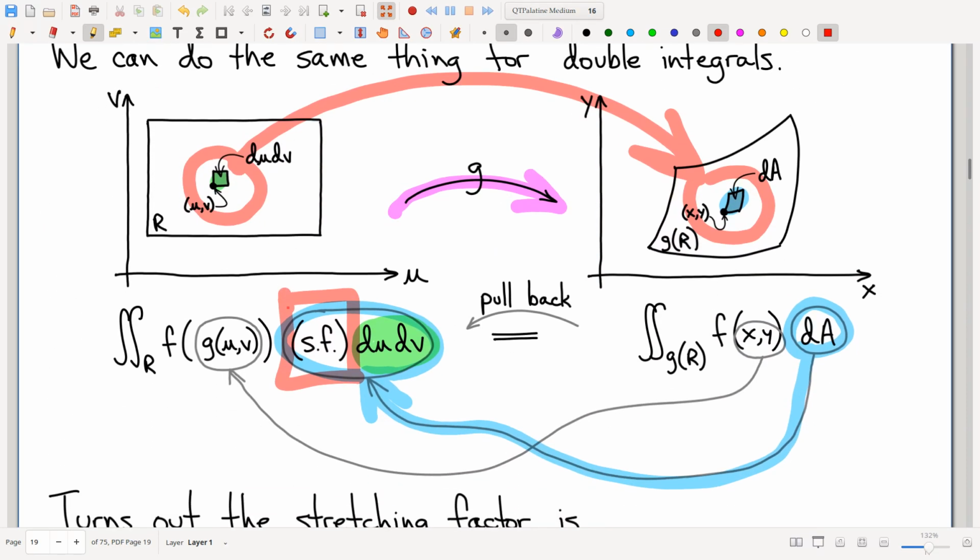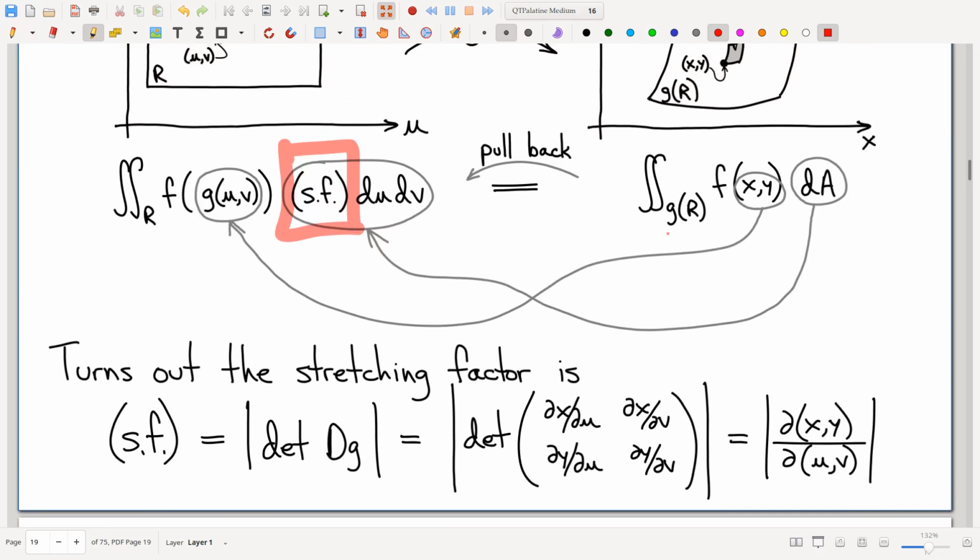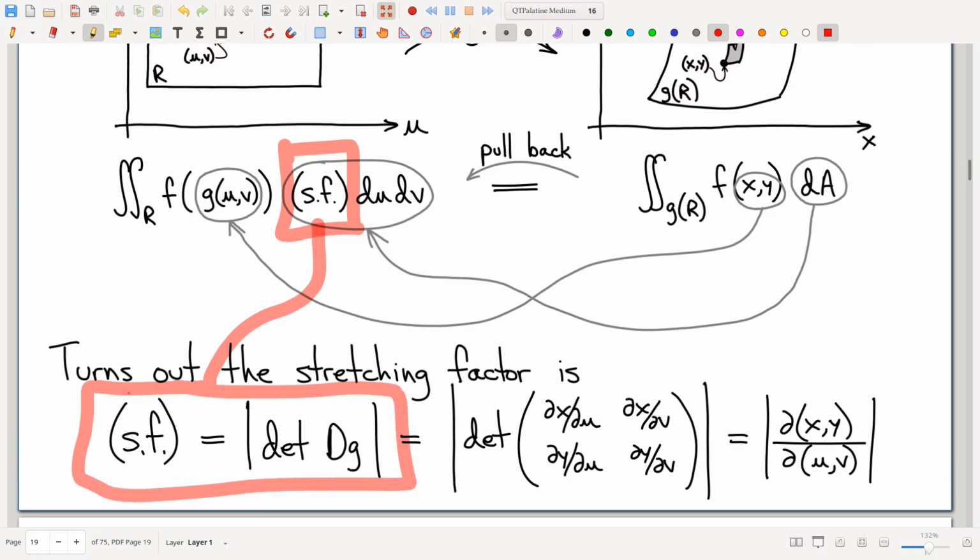Okay, now, we're going to do an example just a minute. That said, let's take a moment to think about what that stretching factor is, and it's not so obvious in this case, right? In the two-dimensional case, I can't just say, oh, this is what derivatives do, right? We haven't talked about areas in relation to derivatives. So here's what the answer ends up being. I'll justify this later. I want to get some victories under our belt first, and then we'll talk about getting into the weeds of why this is true.